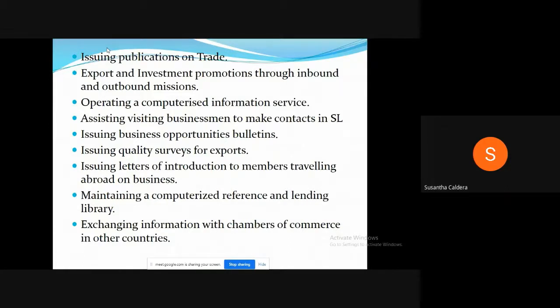Next week we will do the Central Bank of Sri Lanka, how the central bank supported international trade operations in Sri Lanka, the global monetary organizations, and then GSP, GSP Plus, and HS codes. Then we are finished. It was a bit long.